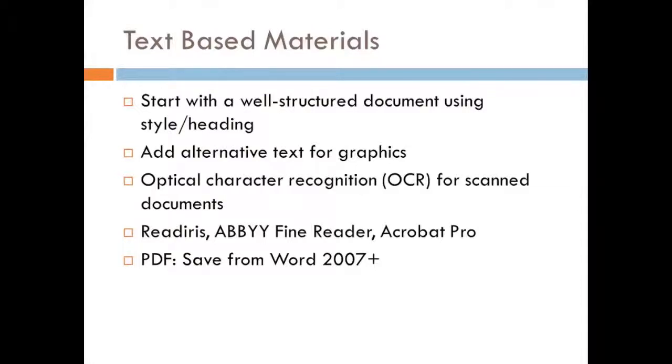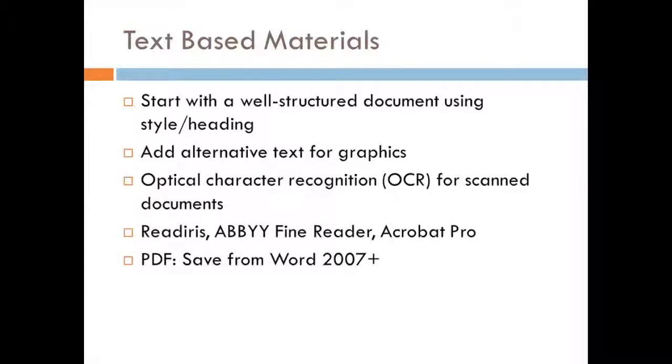Another way to make a PDF accessible is to use Microsoft Word 2007 or up and save it into PDF, but it works best if you use the Windows version, even if it's the same, like the 2008 Mac version or 2011. It's not as good as the PC version for some reason.